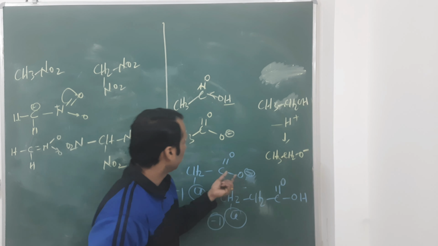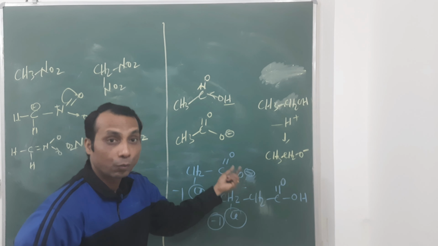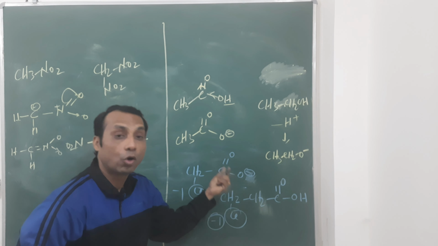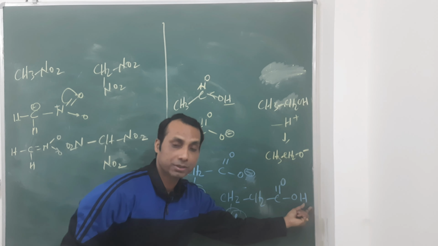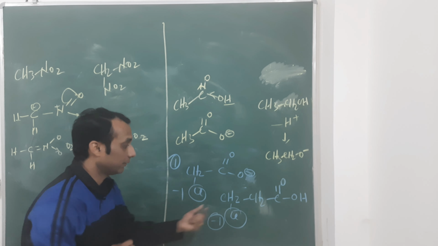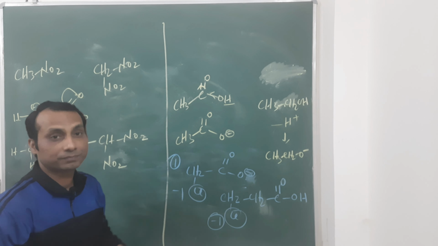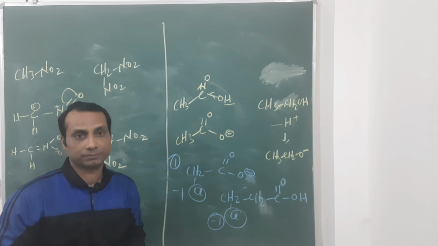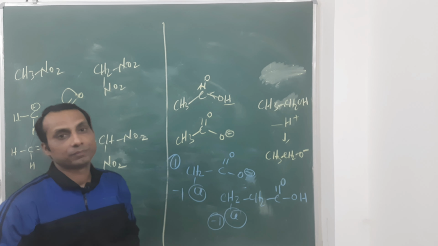So here the hydrogens will feel more positive than these hydrogens. Correct? Hence, it is more acidic than these compounds and this one. Are you getting it or not? So that is the logic here.